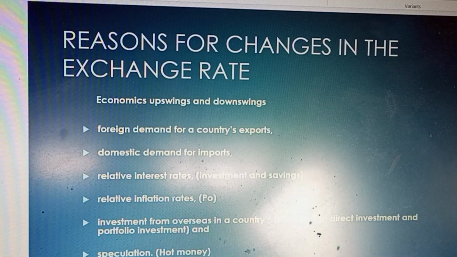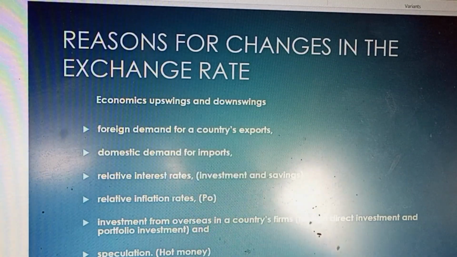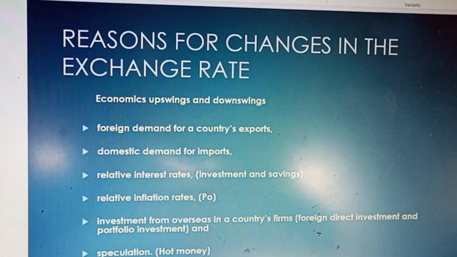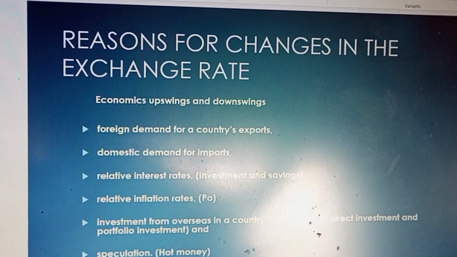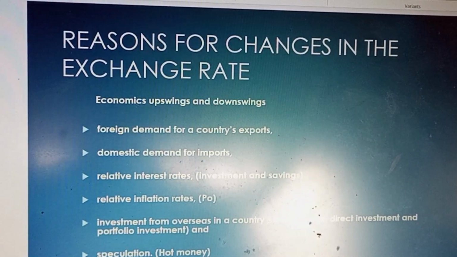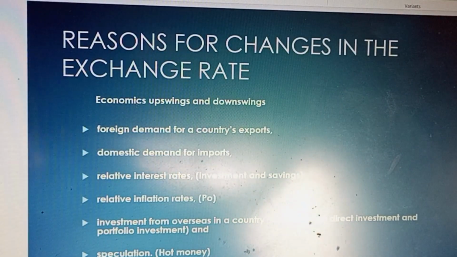There are times that fuel prices will go high, life becomes very unbearable. Food prices increase, and things are just not working. In some other countries, their currency does not even have value anymore. These are some of the changes that occur, the upswings and the downswings that we're talking about.